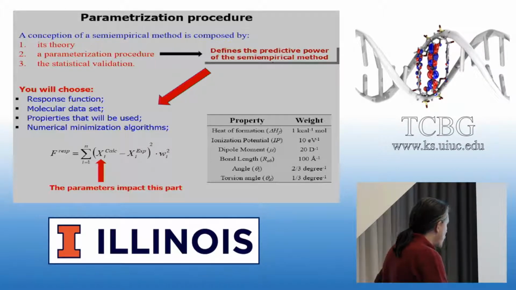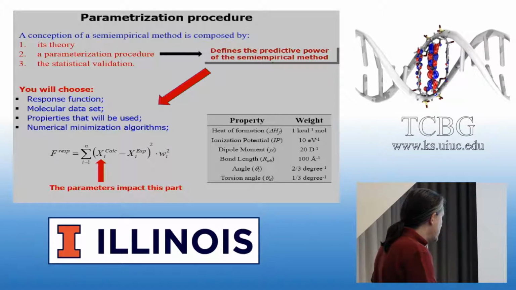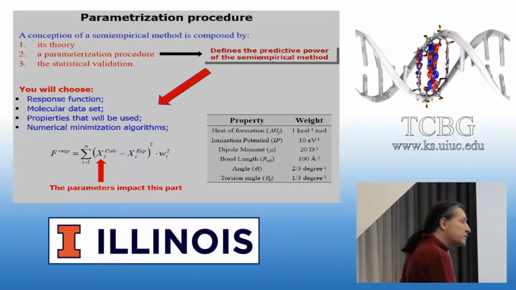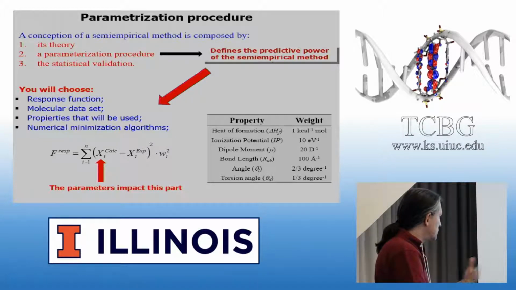The cost function you need to consider is something like that. Pay attention to this part of this function, because this part depends on the parameters that you are changing to find the best parameters.